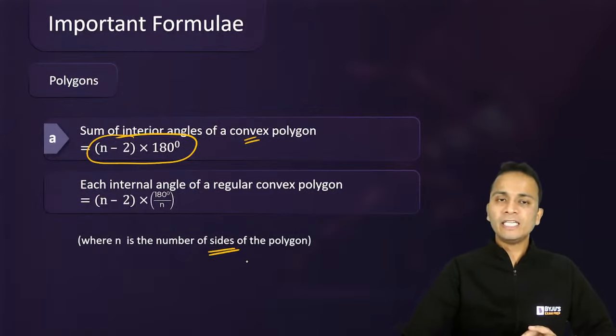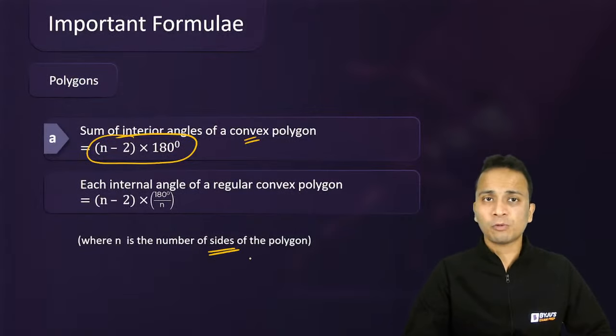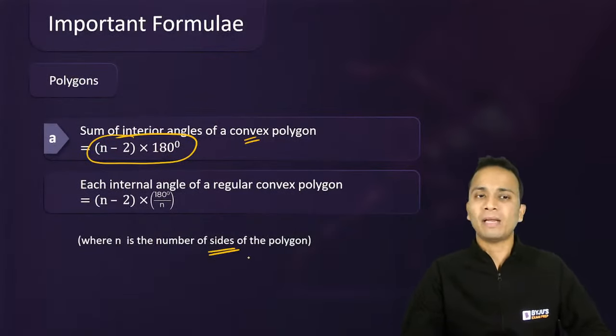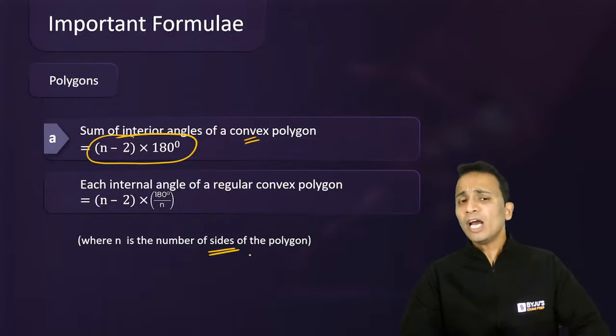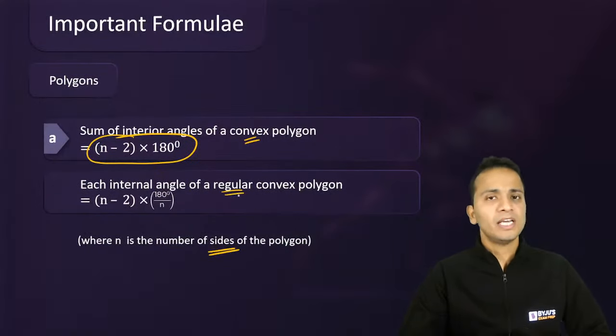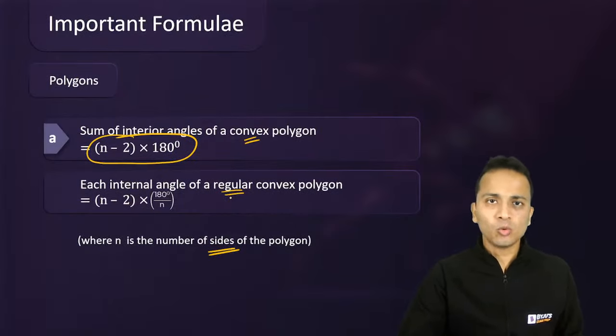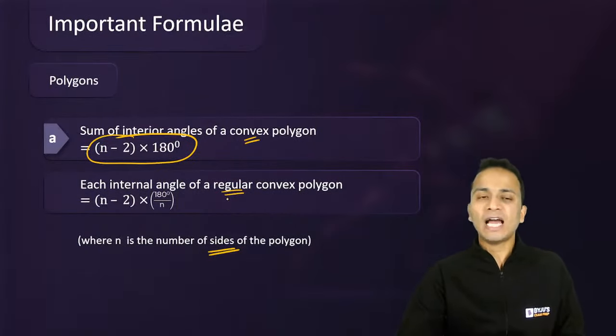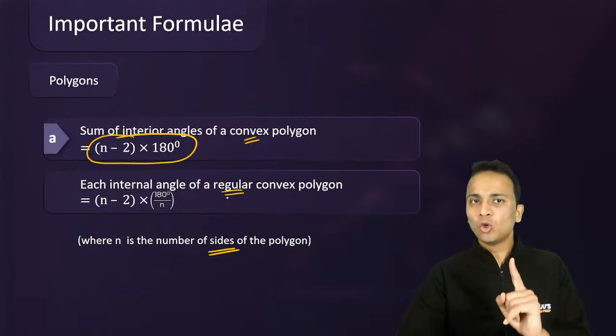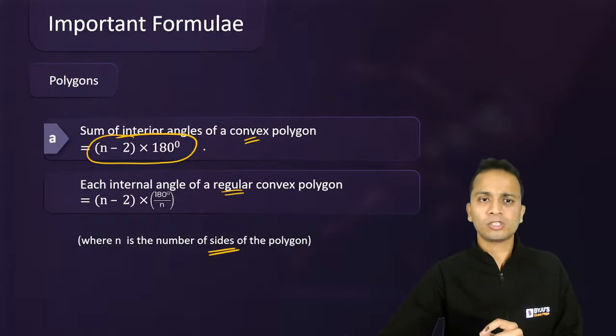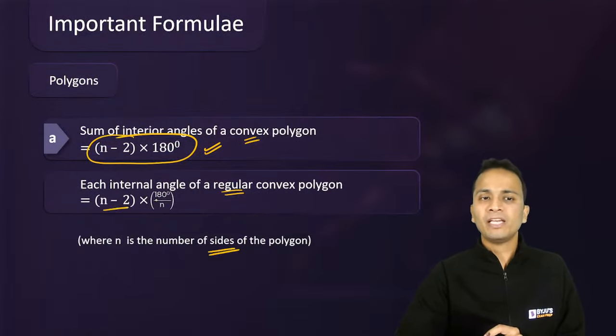So sum of all the interior angles in case of a convex polygon will be n minus 2 multiplied by 180. Now, if it is a regular polygon, then each of the interior angles will be equal, and each angle will be equal to the total sum of angles, which we have already seen, n minus 2 into 180, n minus 2 into 180 divided by n.